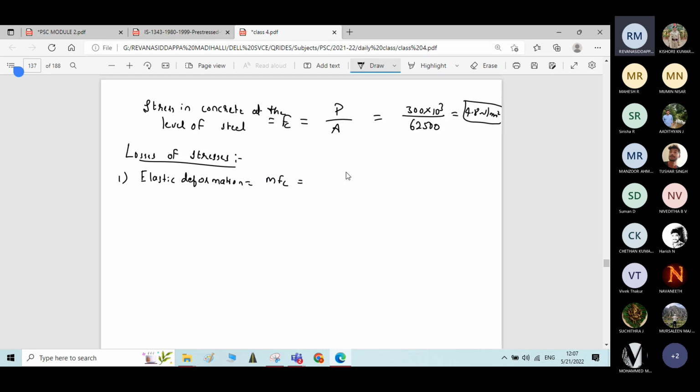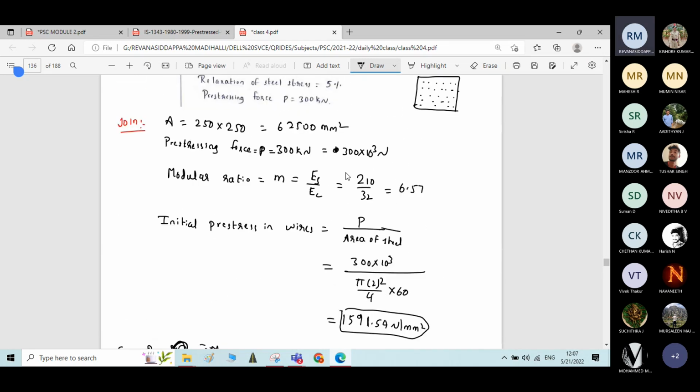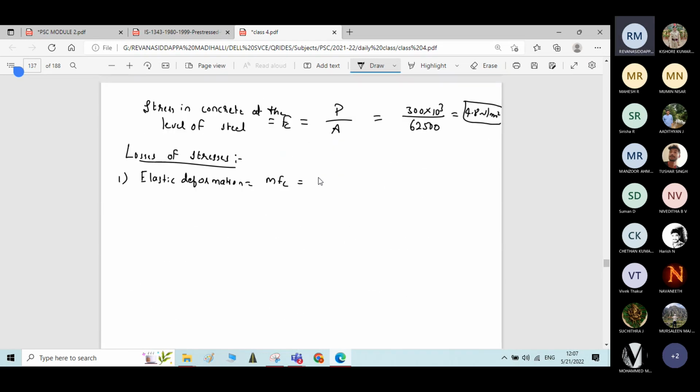The modular ratio is known, 6.57. So 6.57 into FC, which is 4.8, gives 31.5 Newton per mm square. So by this you get the loss of stress due to elastic deformation.